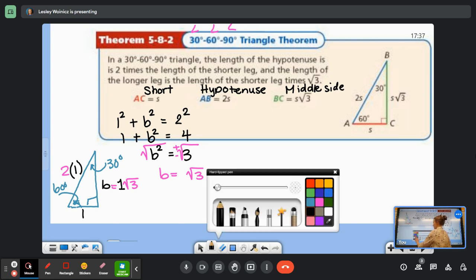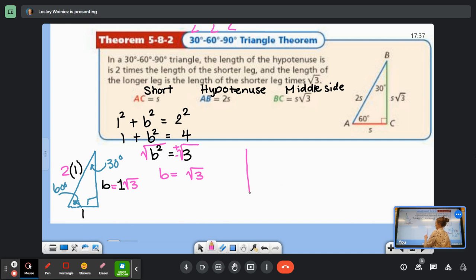So for example, if I have a right triangle that I know has a 30-degree angle and a 60-degree angle, and I know that this side is 7, that's my short side, that's my S. So my hypotenuse has to be 7 times the square root of 3.